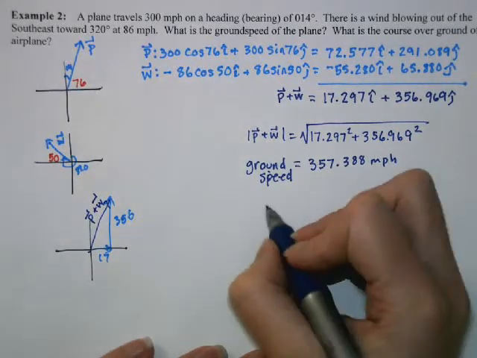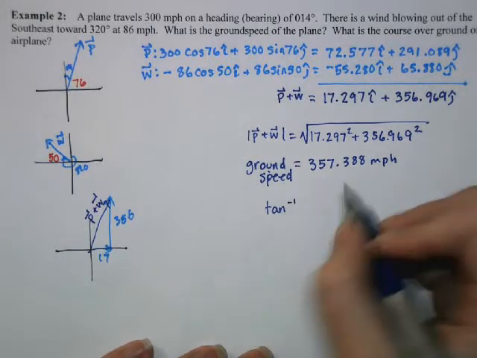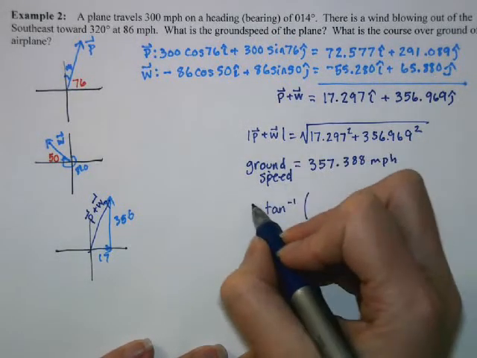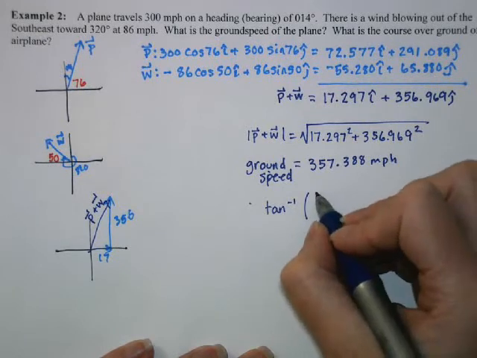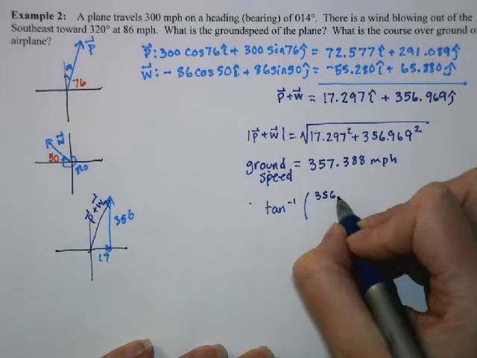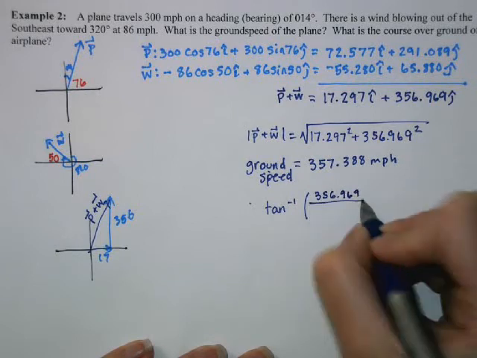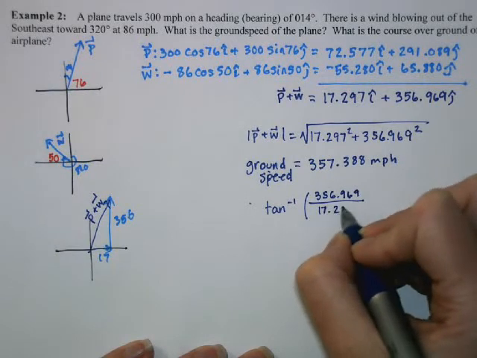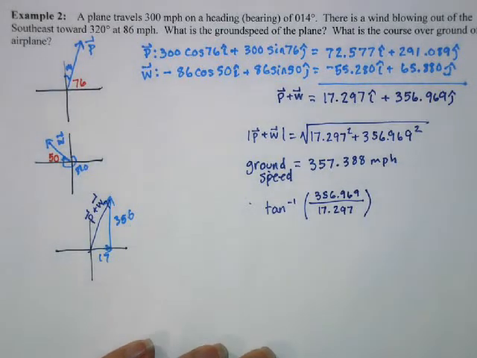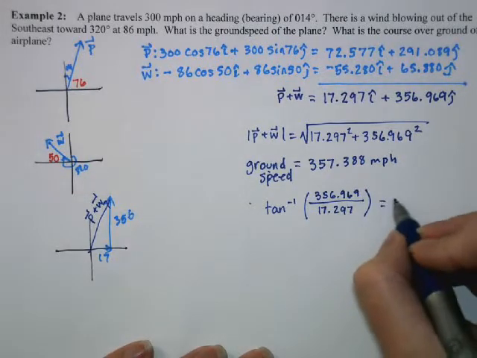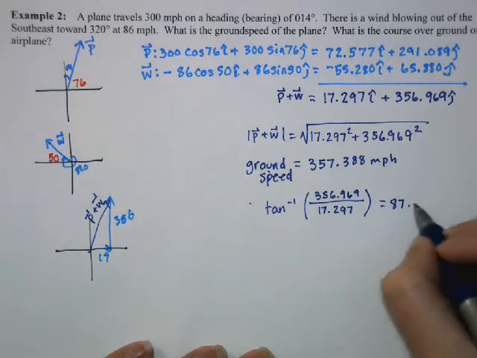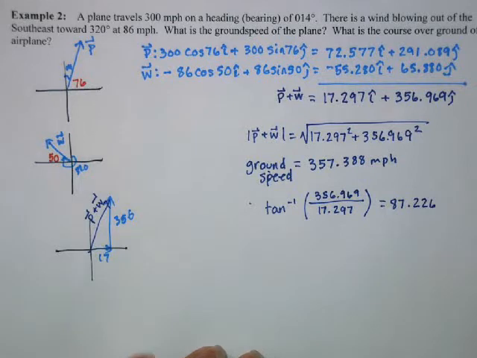We'll start with our tangent inverse. Okay, this gives us an angle of 87.226.